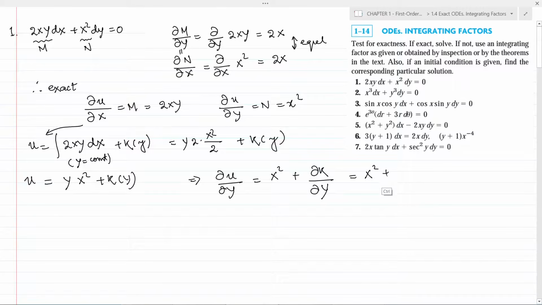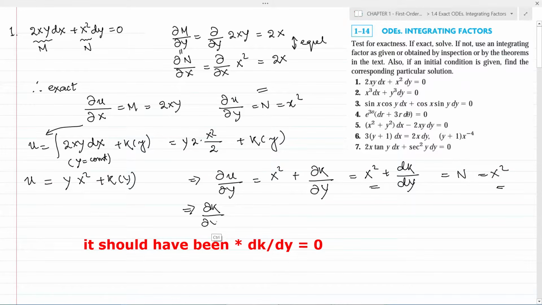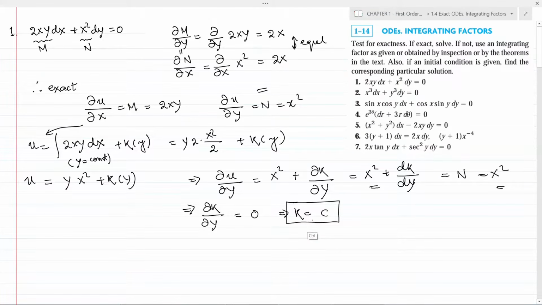So this is equal to x square plus dk by dy. Now this del u by del y equal to N, which is equal to x square. This x square and x square term cancel out, and we have del k by del y equal to 0, or k equal to a constant. So now we can plug this k equal to constant in this provisional value of u to obtain u equal to y x square plus constant.